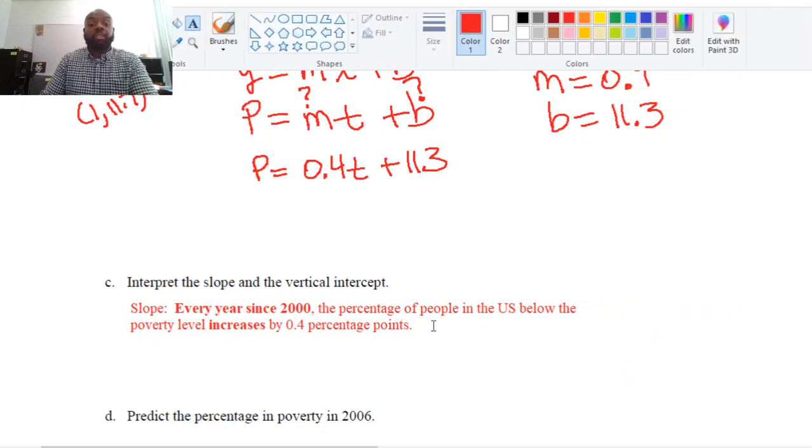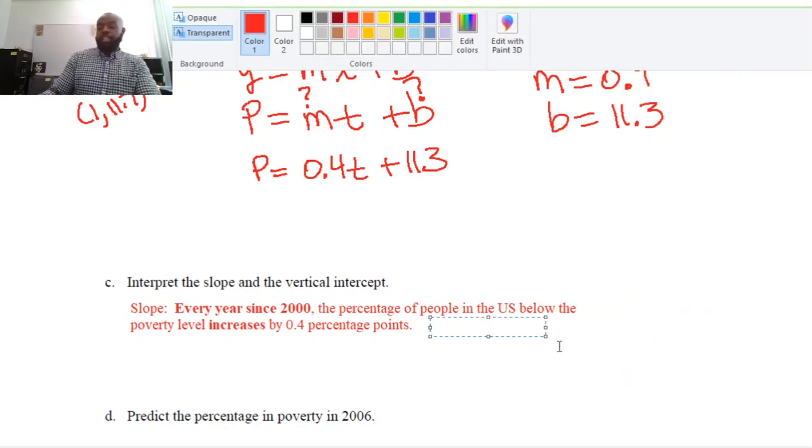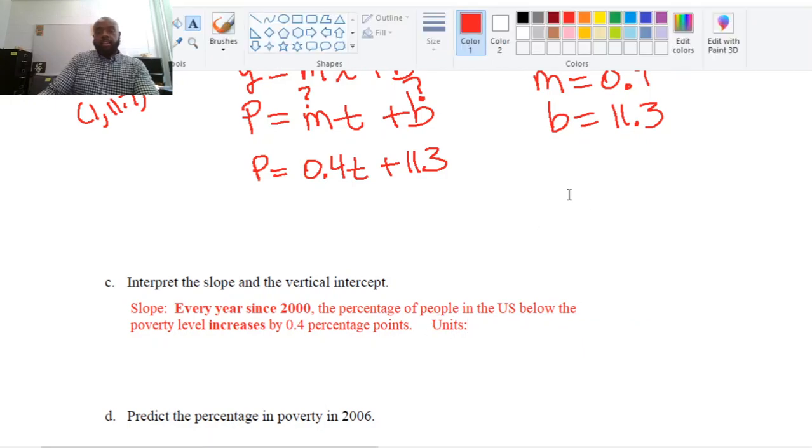Now, I want to do something else here. The units of my slope. I didn't ask for the units here, but my slope has the following units. The way we get the units of our slope, all right? Our slope equals change in y, which is our p, over the change in x, which is our t.